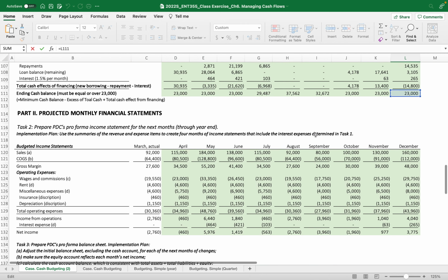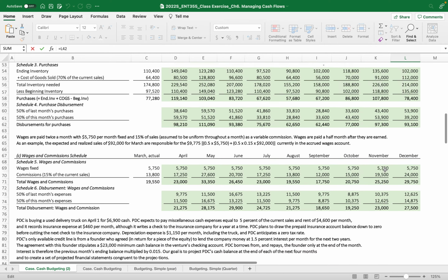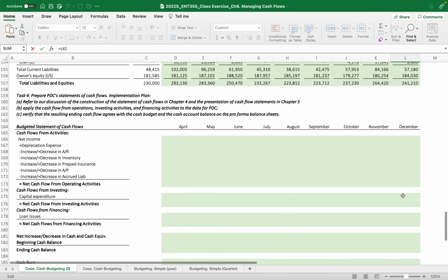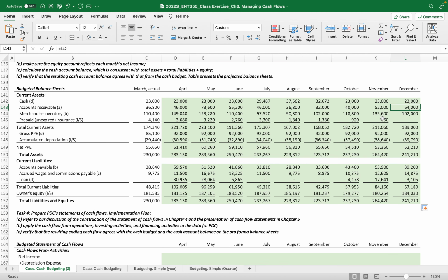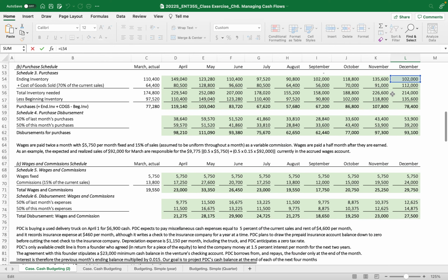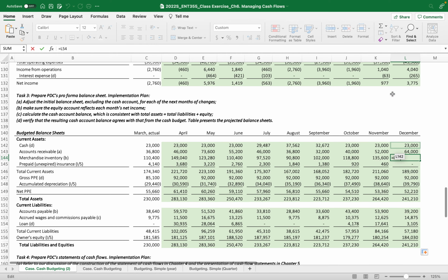Then let me just double check if we linked all these numbers correctly, right? Accounts receivable from Schedule A, and merchandise inventory, the ending balance of the inventory on the Schedule B, and prepaid. Now the prepaid insurance doesn't have a balance, right?